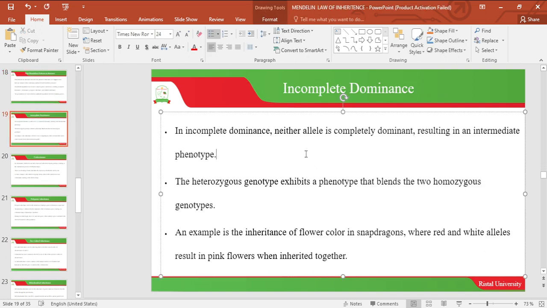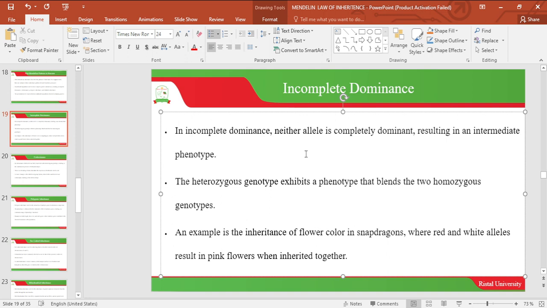Let's look at incomplete dominance. In incomplete dominance, neither allele is completely dominant, resulting in an intermediate phenotype. The heterozygous genotype exhibits or shows a phenotype that blends the two homozygous genotypes.